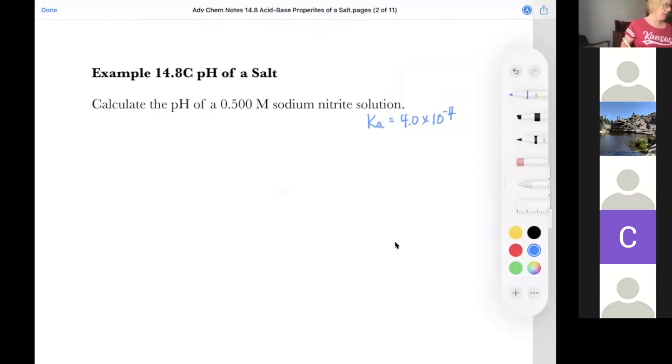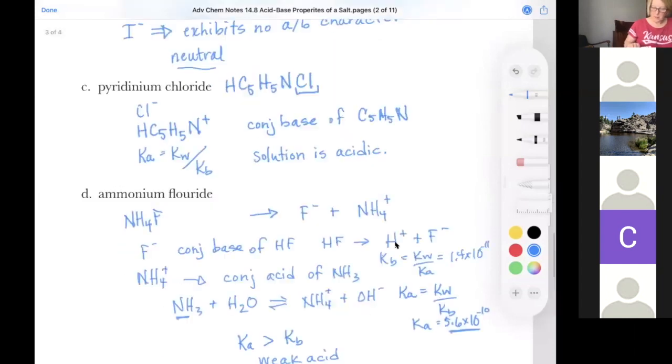With that information, we can proceed similarly to what we've done before.